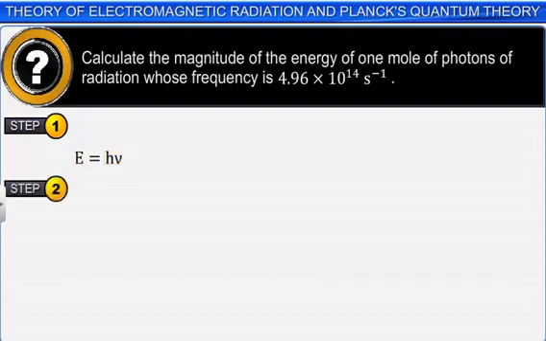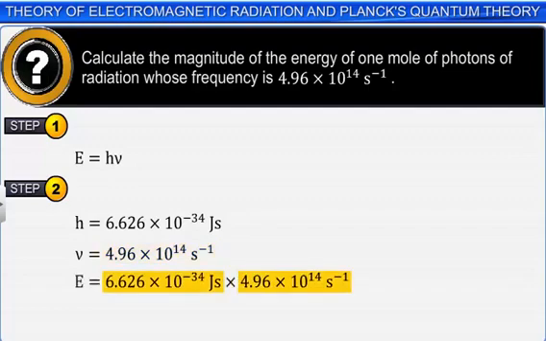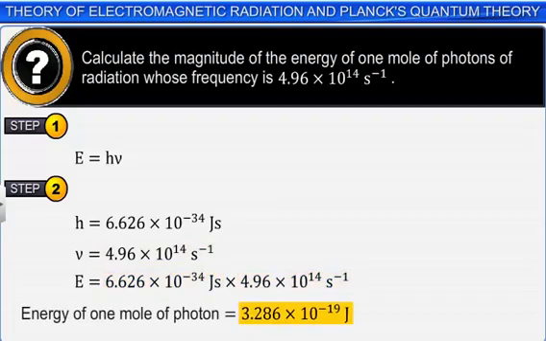In the second step, let us substitute the values of h, that is, 6.626 × 10^-34 joule-second, and the given value of frequency, that is 4.96 × 10^14 per second. On substituting and solving, finally, we get 3.286 × 10^-19 joules.